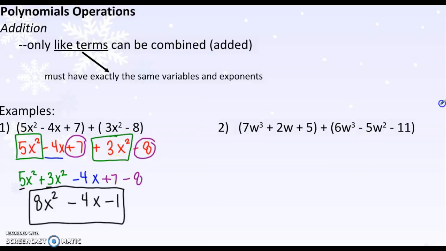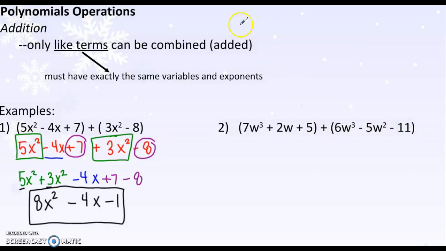Here's our second example that we're going to go through. 7w to the third plus 2w plus 5, plus the trinomial 6w cubed minus 5w squared minus 11.